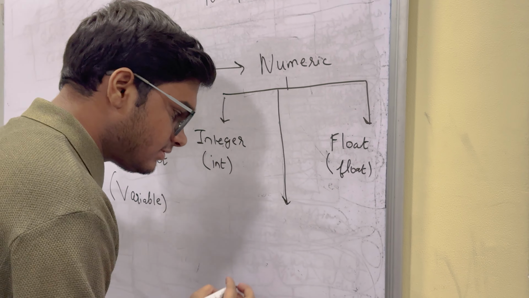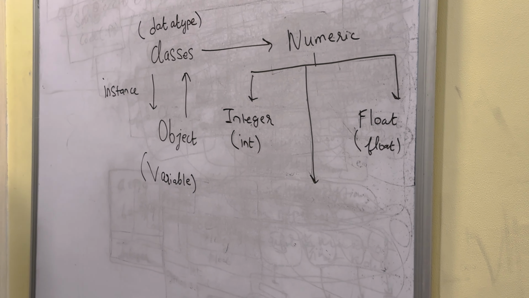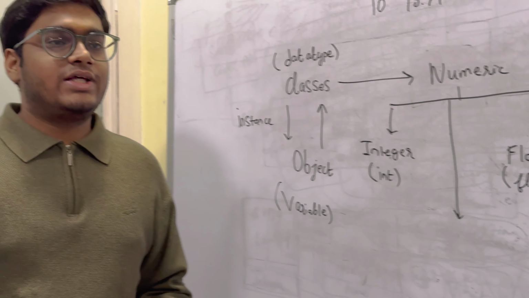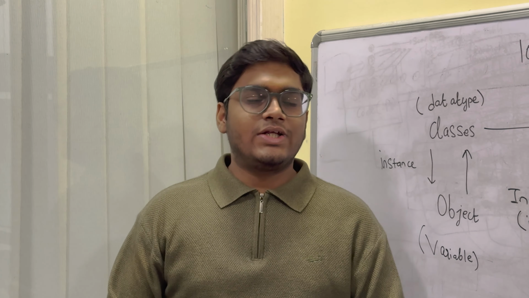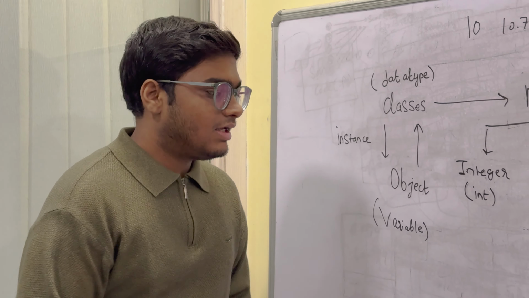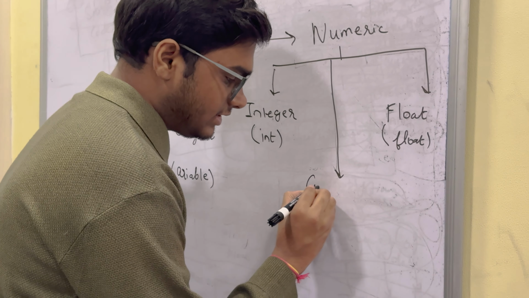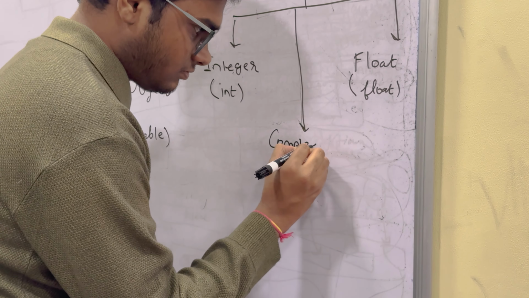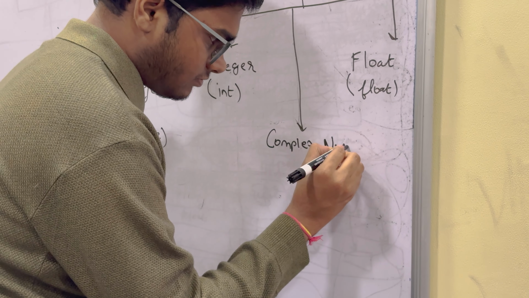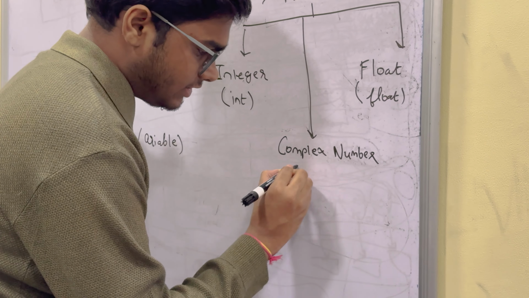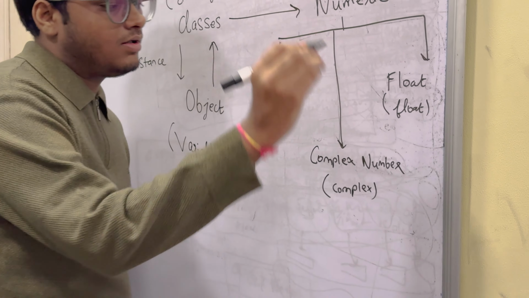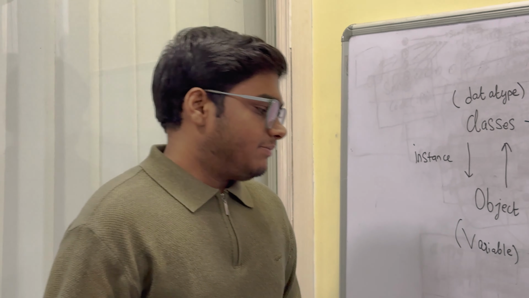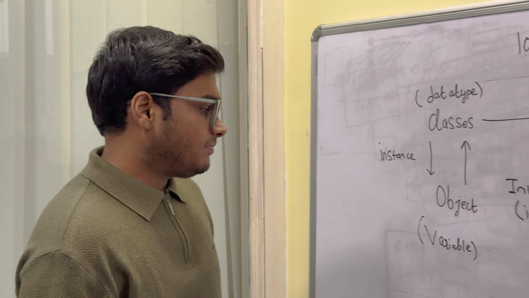And the final one, which is comparatively new and it cannot be found in Java, C++, and you have to explicitly create it or include it in a library. So that's the complex numbers, which is denoted by the class complex. So these are the three types. Now let's look at one by one.